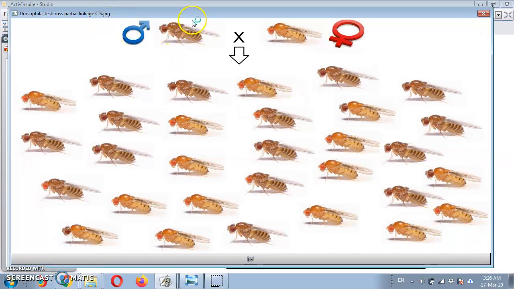If we cross a hybrid Drosophila having dominant phenotype of brown eyes and brown body with a birecessive one having red eyes with orange body, in this example we have 30 Drosophila having four unequal proportions in the offsprings.